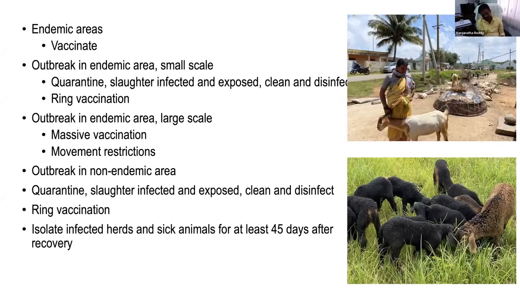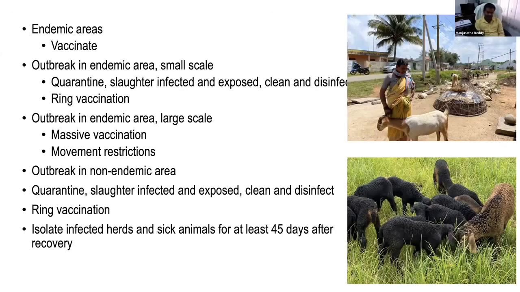If the outbreak happens in an endemic area on a large scale, then massive vaccination of the whole population has to be carried out. Then sometimes we have to implement movement restriction, like for lumpy skin disease, in terms of animal movement for grazing or even for sales, like closing the shandies or live animal markets.